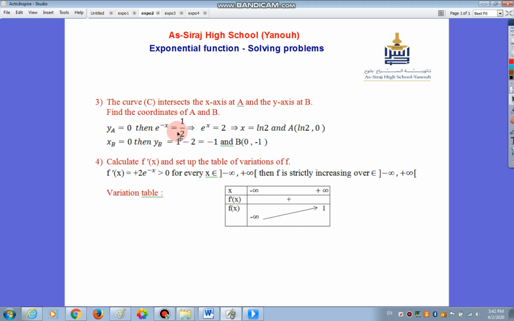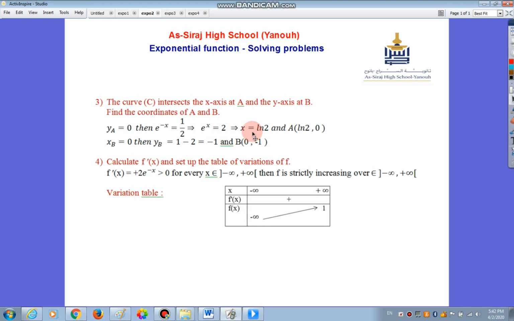E power minus x equals half, so I can get e power x by switching 1 and 2, to get e power x equals 2. If e power x is equal to 2, then x is equal to ln 2, using the property of ln and exponential. To move from exponential, we can shift to ln. To move from ln, we can shift to e power x.